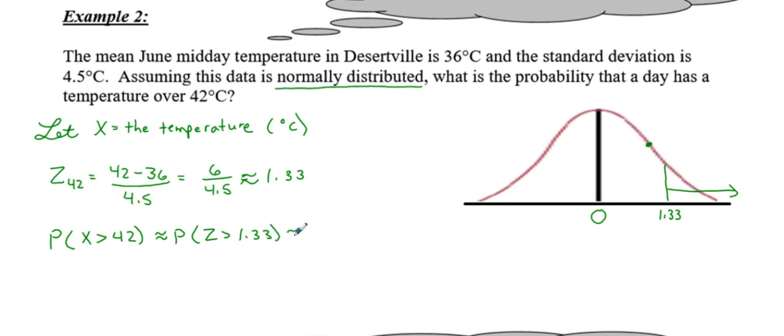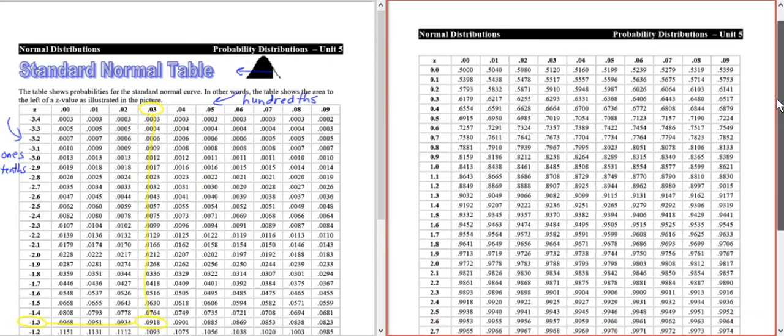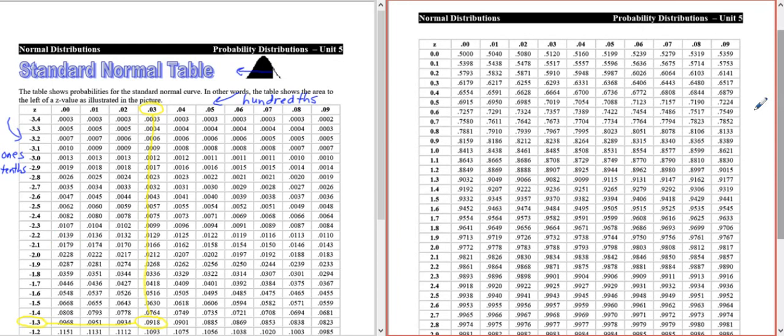That is approximately equal to, back to our standard normal table, our ones and tenths digit is 1.3, and our hundredths digit is 3. When we line those up, we get 0.9082.